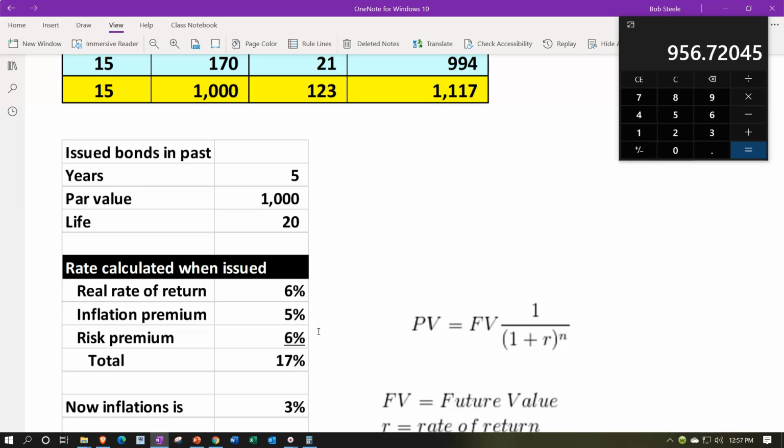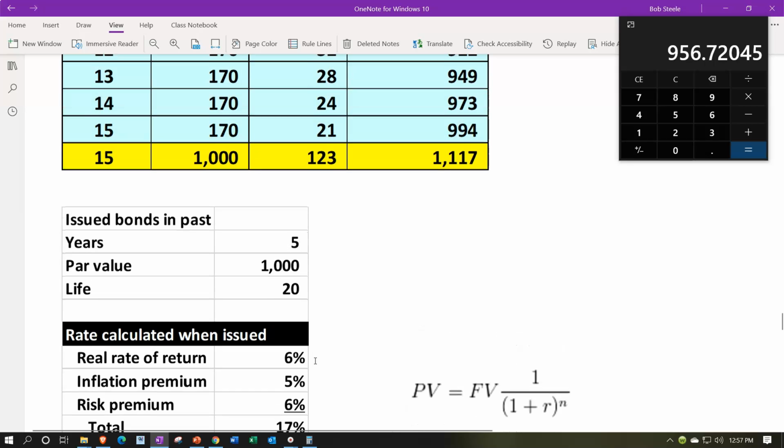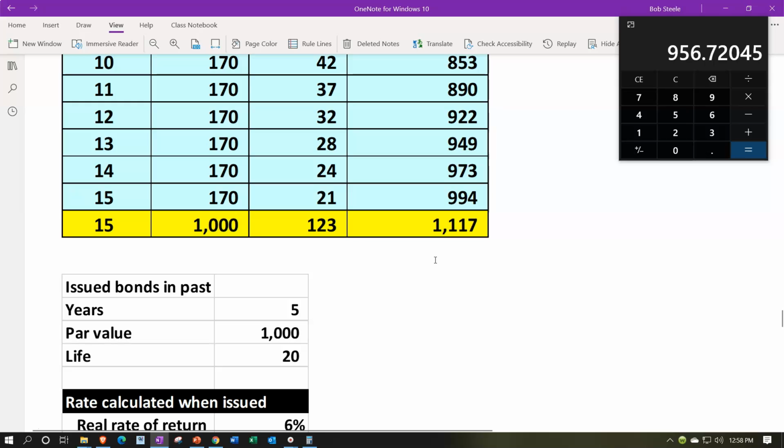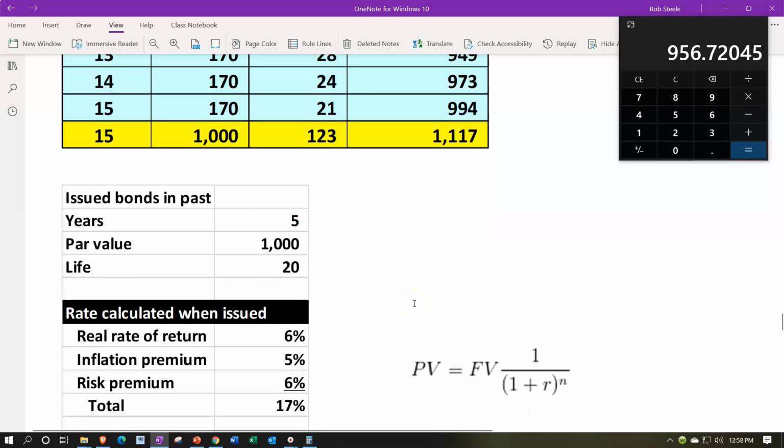The market rate is now only able to find 15% on similar bonds as opposed to the bond rate of 17, resulting in it having a premium price that would be higher. It would be sold, in other words, for a price higher than the face amount or par value.